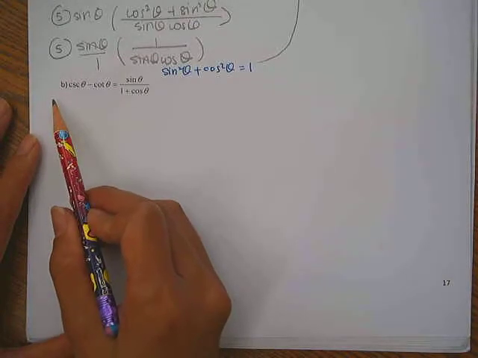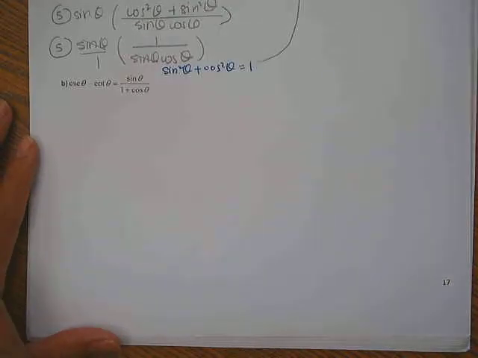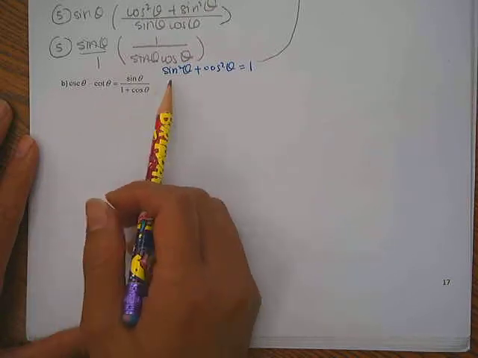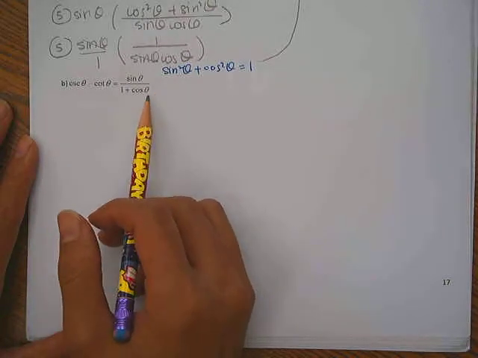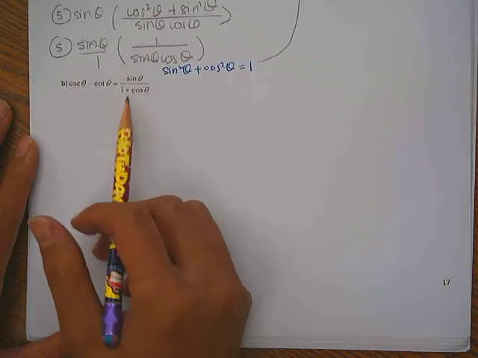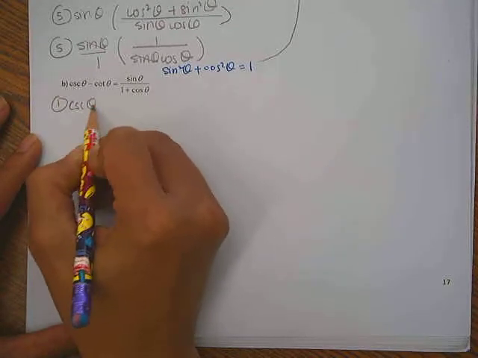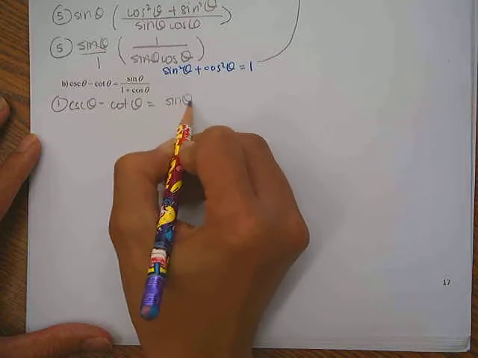Letter B. Which side is more difficult? The cosecant of theta minus cotangent, or the sine over 1 plus cosine of theta? Usually you guys pick the fraction one, right? So we're going to write this original piece, because we're going to assume that this is from your textbook, and I don't know what's written in your textbook.